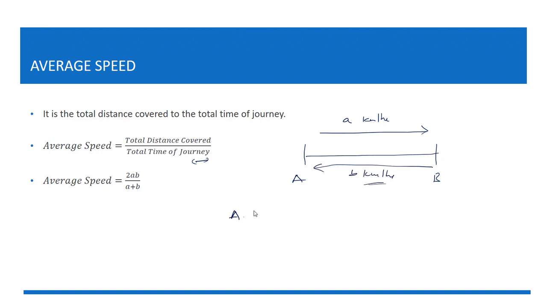Then the average speed is equal to 2AB divided by A plus B. It is not like the average you learned in the previous sessions. Here A is speed, not distance, and B is also speed. Suppose in this example it is a forward journey as well as a return journey. Let us check out an example so that you will understand.